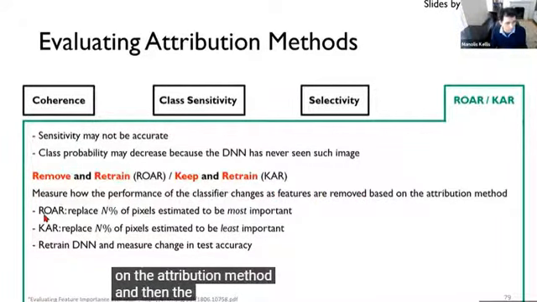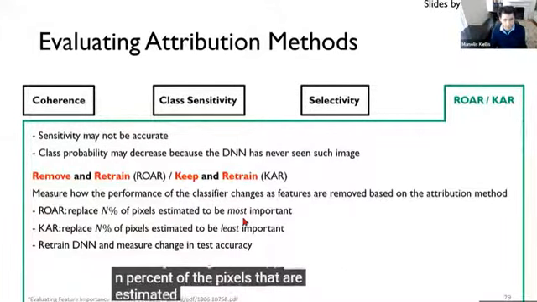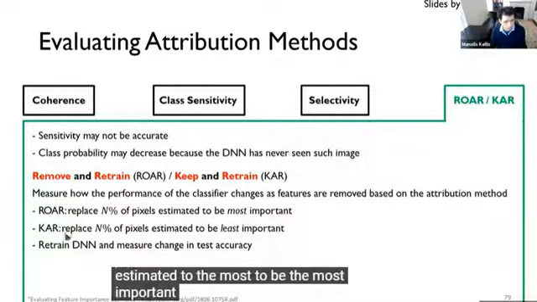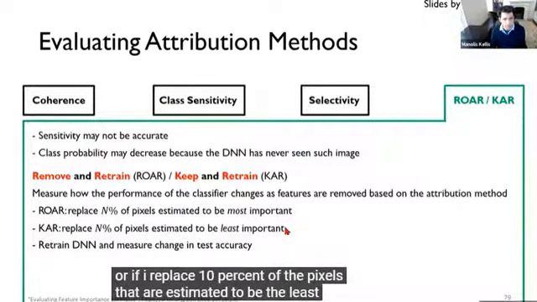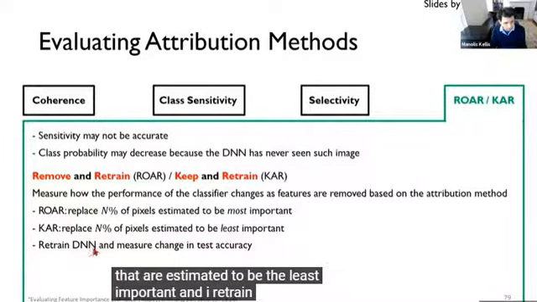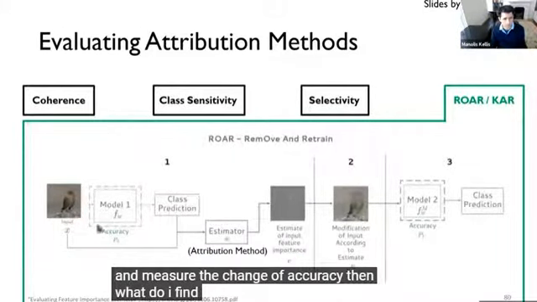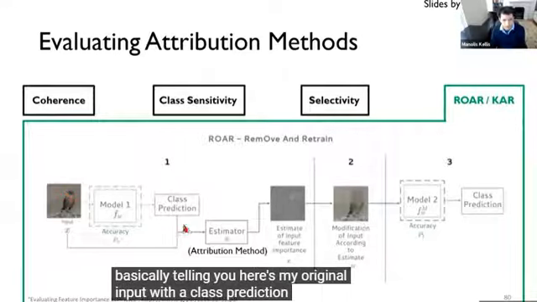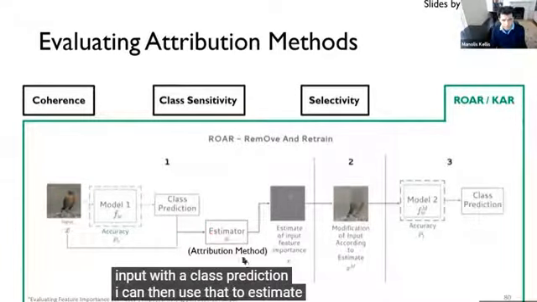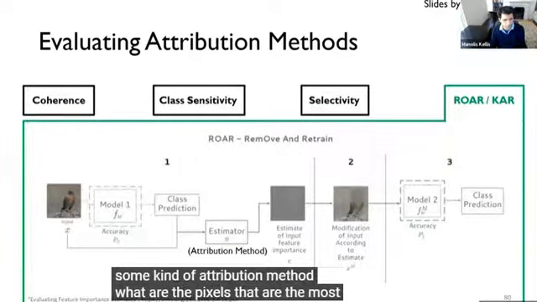And then the remove and retrain score is basically asking, if I replace n% of the pixels that are estimated to be the most important, or if I replace n% of the pixels that are estimated to be the least important, and I retrain my deep neural network and measure the change of accuracy, then what do I find? And this is basically telling you, here's my original input with a class prediction. I can then use that to estimate, using some kind of attribution method, what are the pixels that are the most informative.